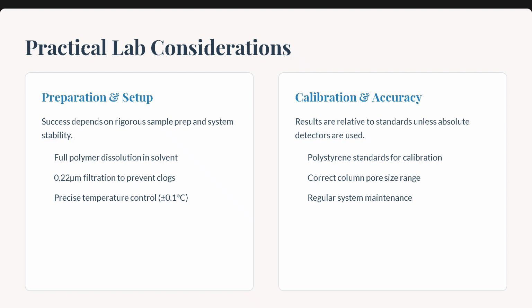Even small variations, plus or minus 0.1 degrees Celsius, can affect retention time. Calibration is equally important. Most systems use polystyrene standards, meaning results are relative unless you use absolute detectors like light scattering. And finally, regular maintenance is essential to protect expensive columns and maintain accuracy.